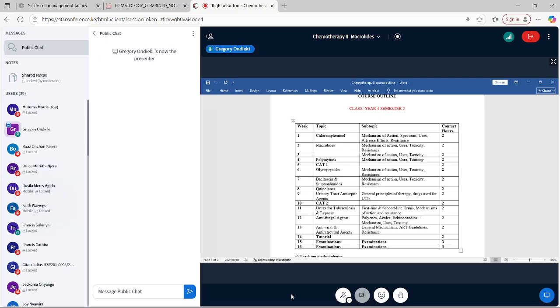We have macrolides, and today we shall talk about macrolides. They are not really common like beta lactams or cephalosporins, but all the same, they're considered equivalents or alternatives for beta lactams, especially if somebody has an allergy. We have glycopeptides, bacitracin.